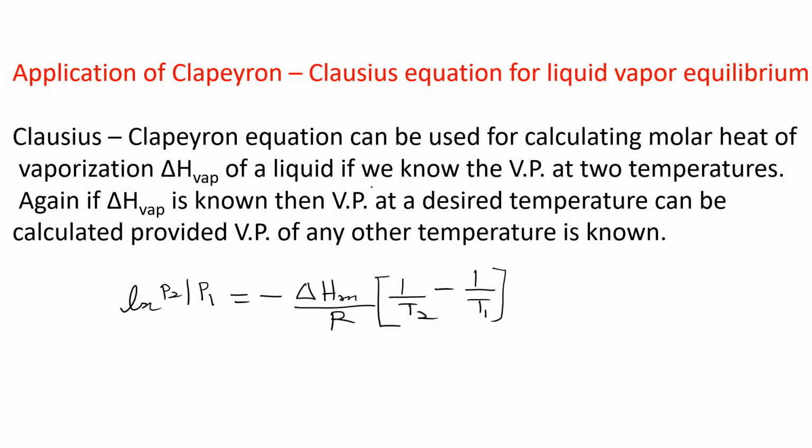So the Clausius-Clapeyron equation can be used for calculating the molar heat of vaporization of a liquid if we know the vapor pressure at two temperatures. Again, if the enthalpy of vaporization is known, then the vapor pressure at a desired temperature can be calculated, provided the vapor pressure at any other temperature is known. So this is the application of the Clausius-Clapeyron equation. Hope you have understood. Thank you.